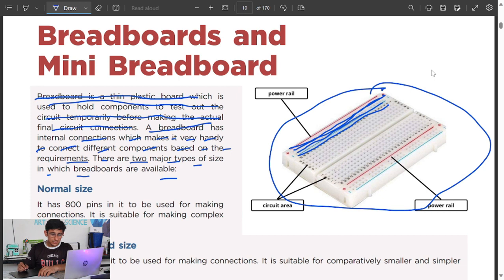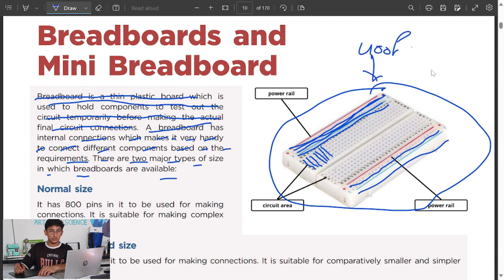In the circuit area, these points are connected in vertical lines, and the main lines are connected like horizontal lines. So this is the 400 pin breadboard, and we have another one which has 800 pins.